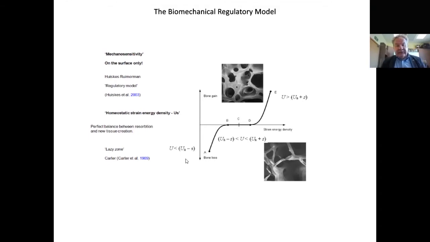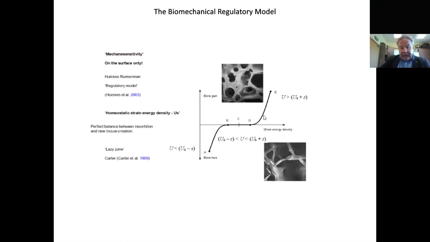But how does it work? Let's assume that we have the stimulation in this area BD. Nothing happens. The density of bone remains at the same level. But if we produce some more mechanical stimulation, so we go here, what happens? Bone gain is observed. So what does it mean if we observe bone gain with a higher level of strain energy density?